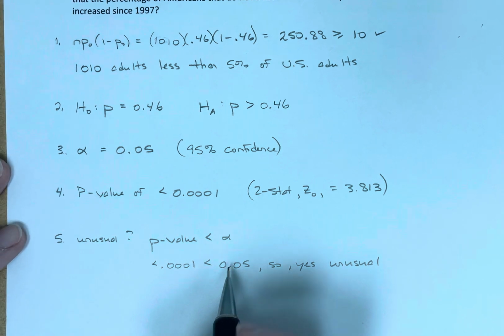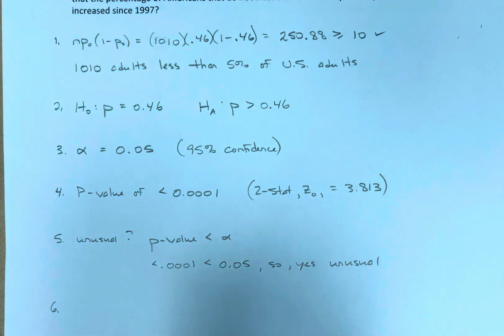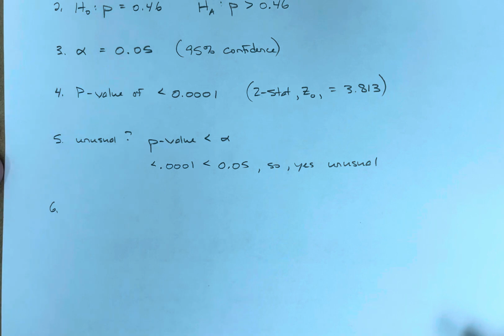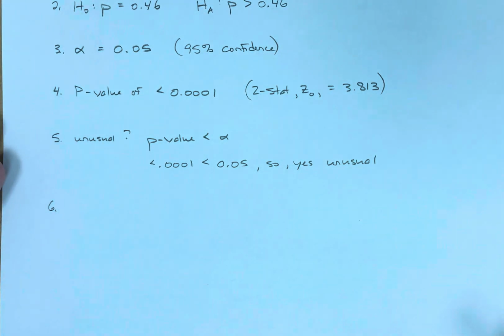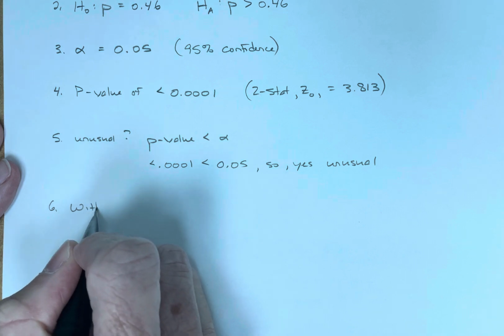Okay, so 6, let us state our conclusion. If the p-value is low, the null must go. All right, start it off this way.